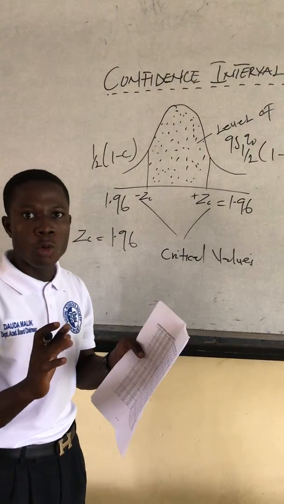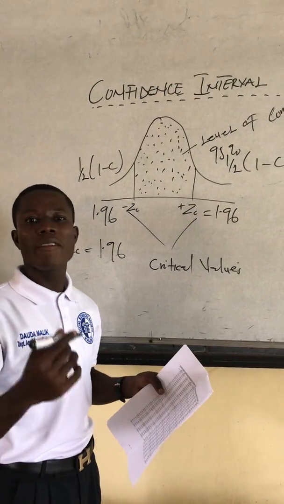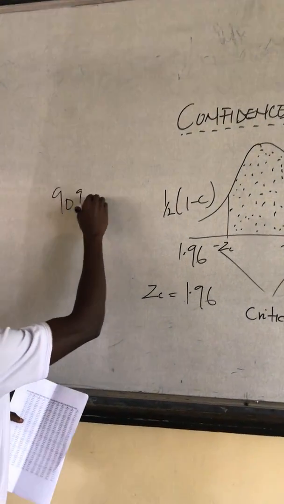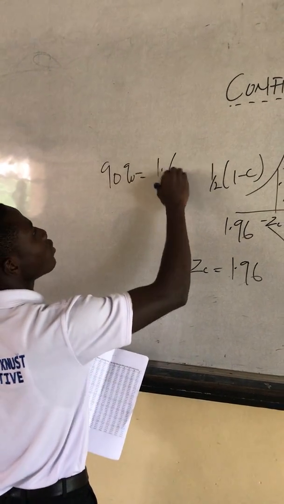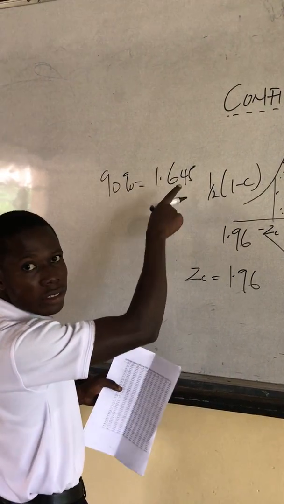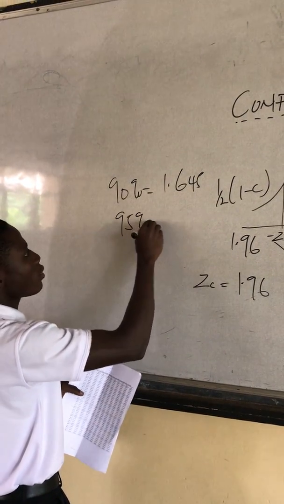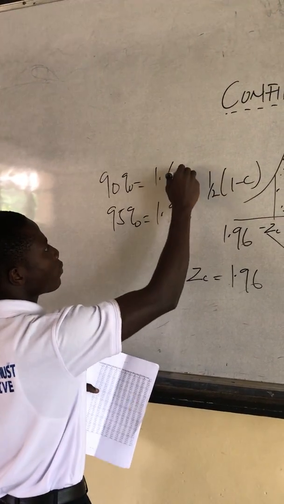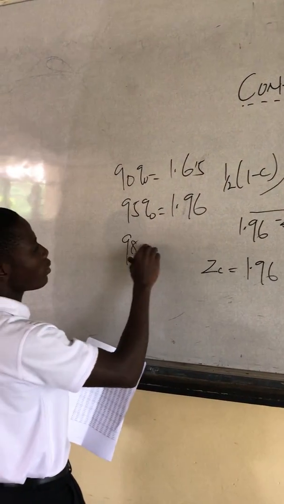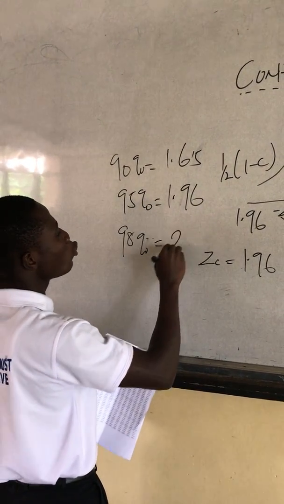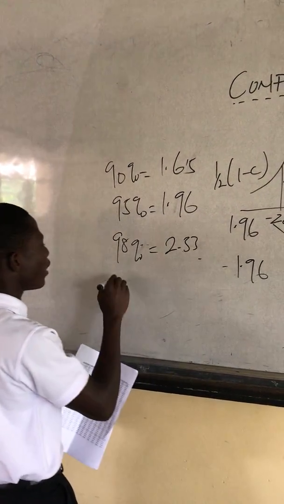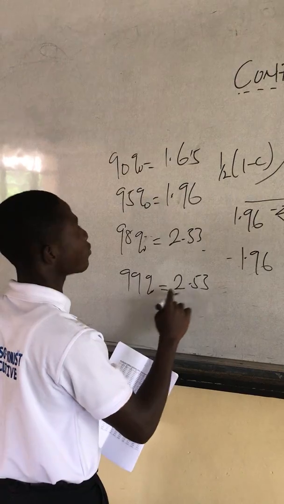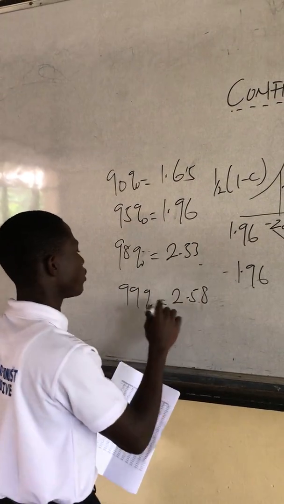To make it easy for you, I have solved for the rest. Anytime you are given a 90% confidence interval, 90% corresponds to 1.645 Z. 95% corresponds to 1.96. 98% corresponds to 2.33, and 99% corresponds to 2.58.